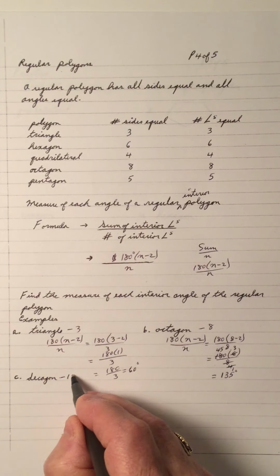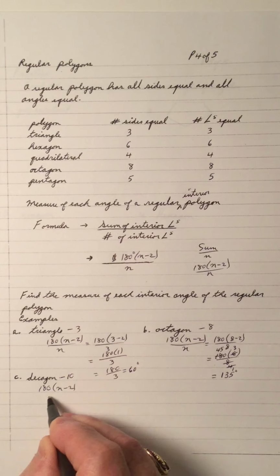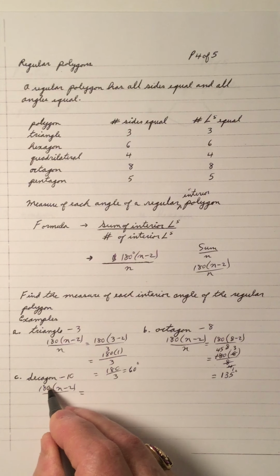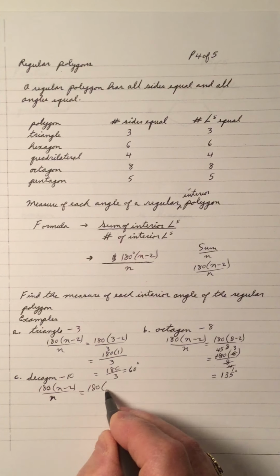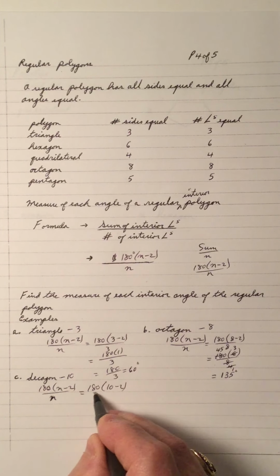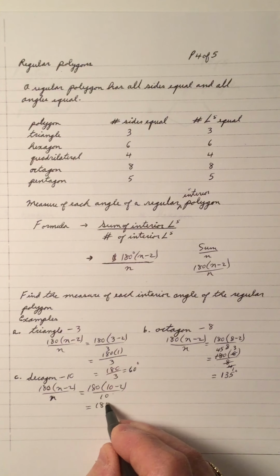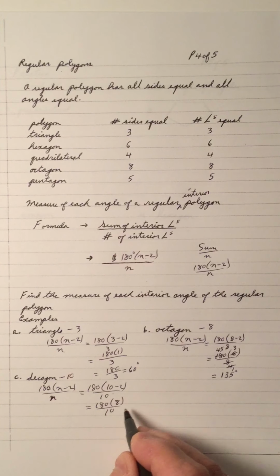A decagon has 10 sides, so the formula is 180 times (n minus 2) divided by n. 180 times (10 minus 2) divided by 10. And that's 180 times 8 divided by 10.